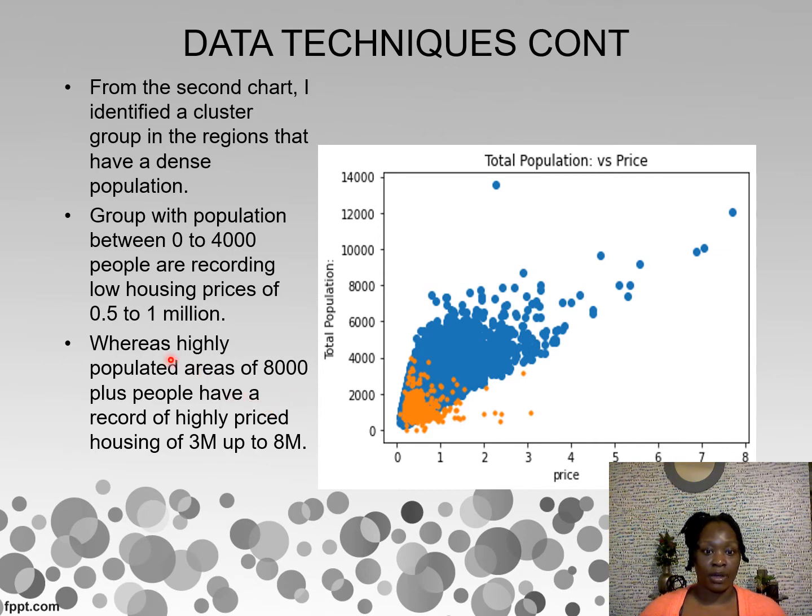The groups that have a high population of around 8,000 to 14,000 tend to record house prices of 3 million and above.